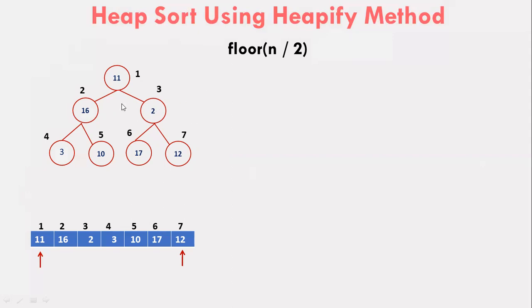So we are going to use the heapify method with index value 3. So our non-leaf nodes start from index value 3. At index 3, we have the value 2. So we are going to use the heapify method on this node.